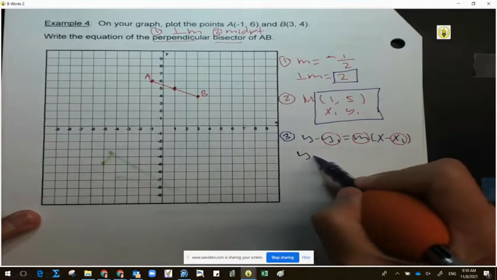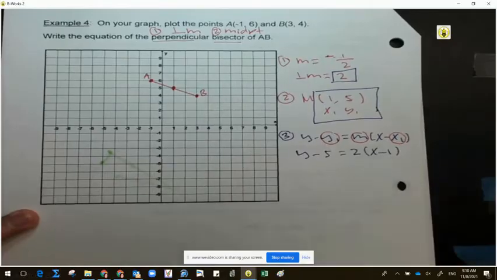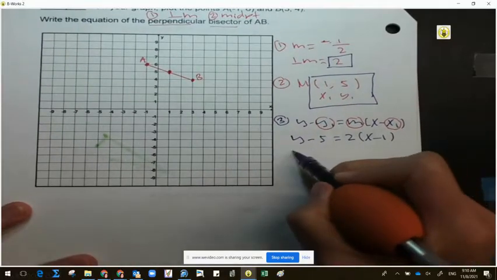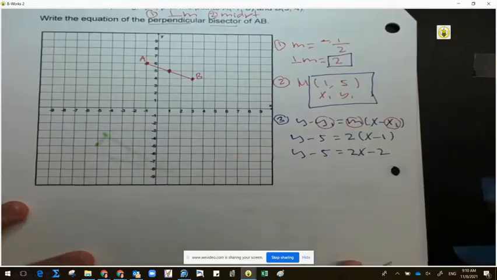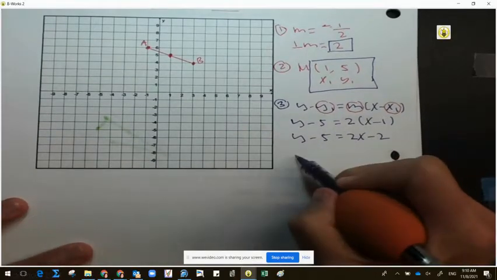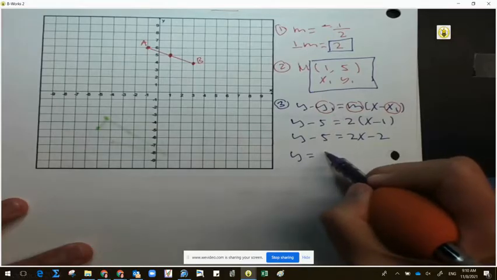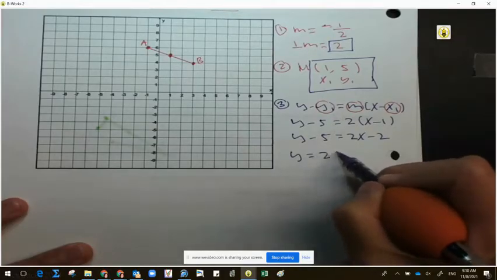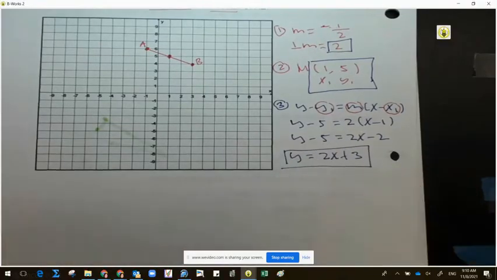So we have y minus 5 is equal to 2 times x minus 1. And then we distribute, which gives us 2x minus 2. And the last thing is to do what on both sides? Add 5 on both sides to the constant. So we get y = 2x + 3. And that is our final answer.